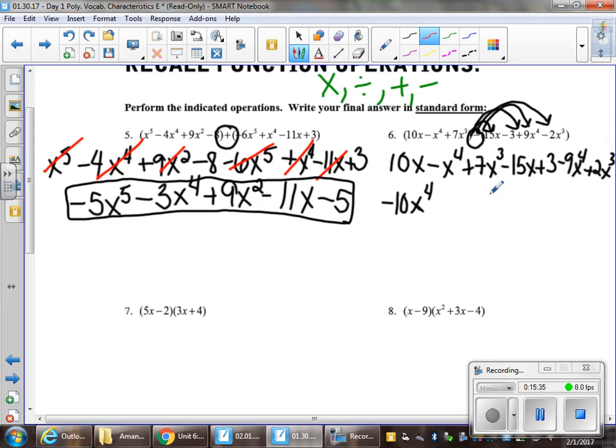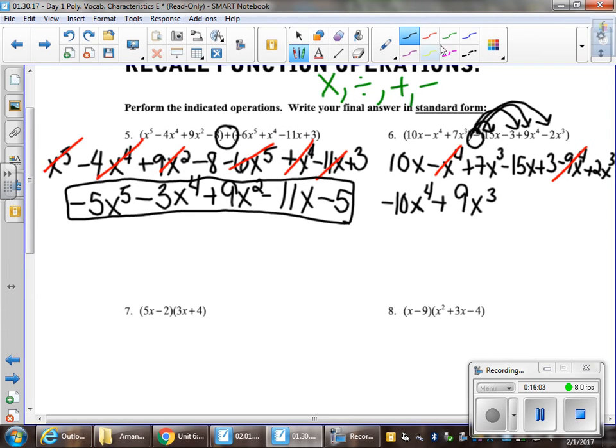Wait, so then why would you do that if 10x would have a 4? What do you mean? So for this, all we were doing was combining this term and this term. Oh, okay. I think you were looking at this. Yeah, that's separate. Okay, what's next? Which becomes?